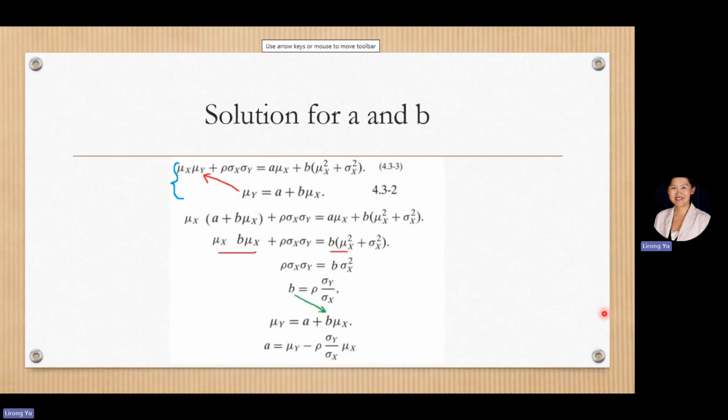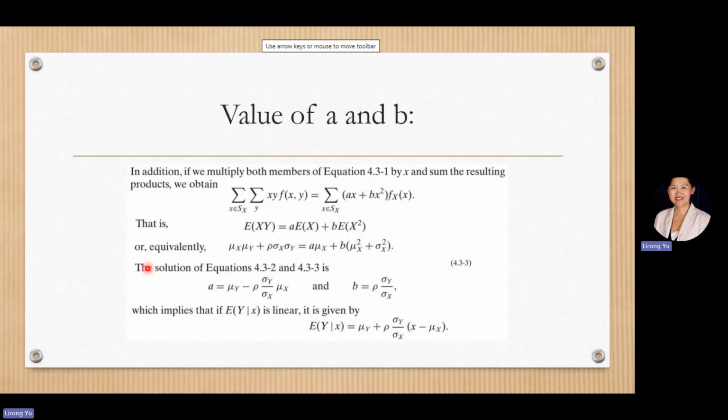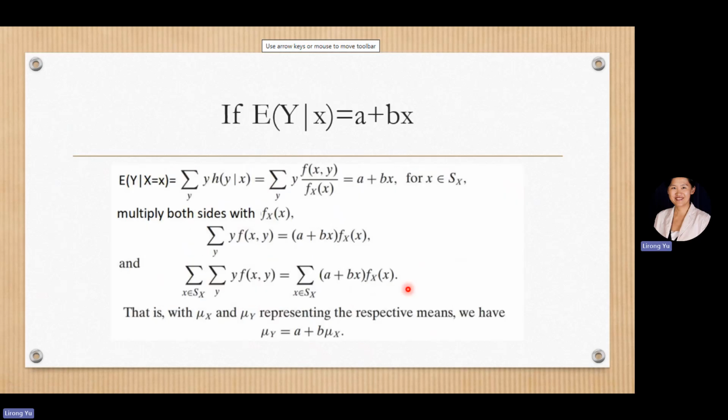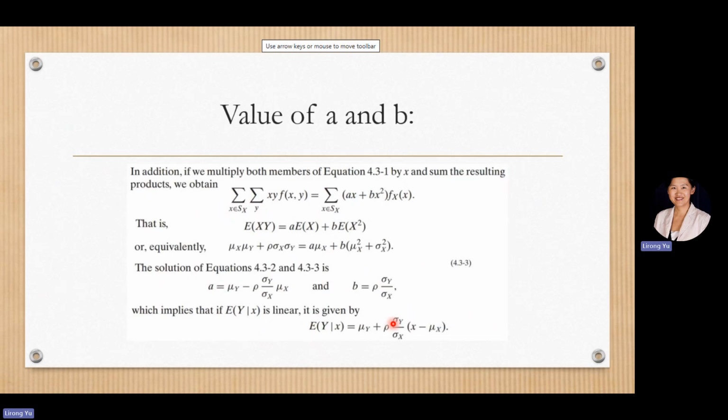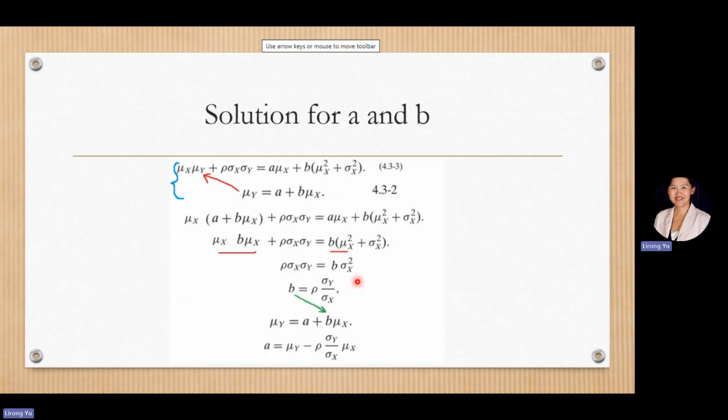I kind of derived all of this. What's the solution of this equation and this equation together? How do we get those two combined? This is the equation from the previous page. Now we substitute mu y in here, and then we get this.